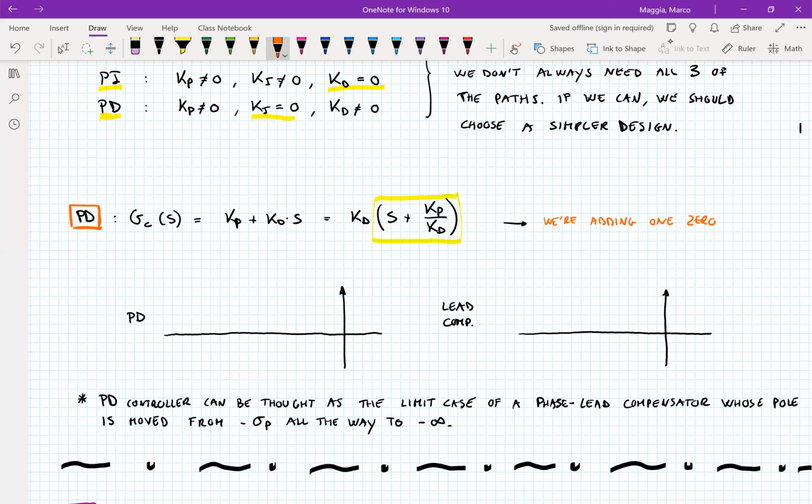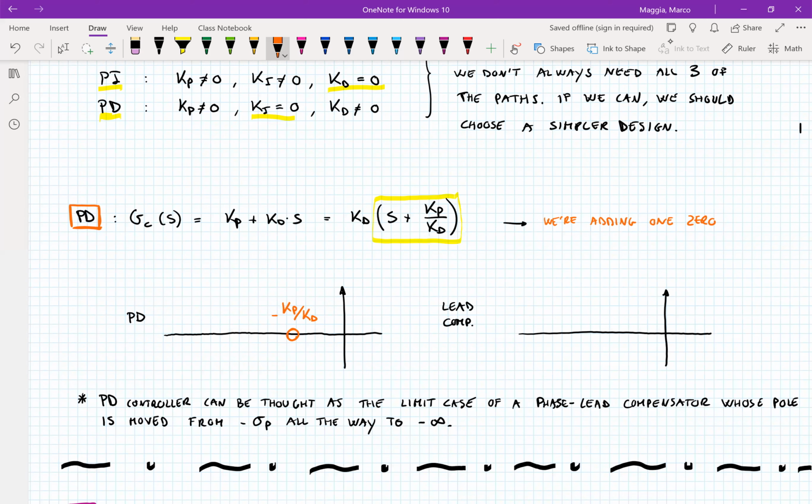So being real has to be obviously on the x-axis, and the location of this zero is minus Kp over Kd. Being both Kp and Kd positive, then minus the ratio of the two is a negative number, so we're fine. We're introducing a negative zero.